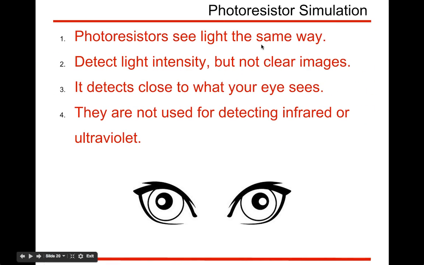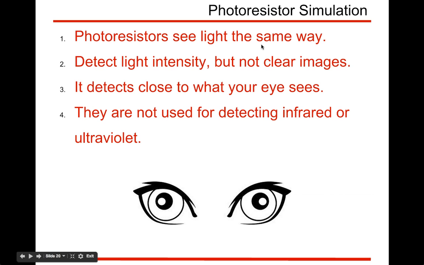And they are not used for detecting infrared and ultraviolet. And like I said, this is the really cool thing about physics. There's more out there than can be explained. There's more out there that you have no clue about, that your body can sense, either taste, touch, feel, see, smell.